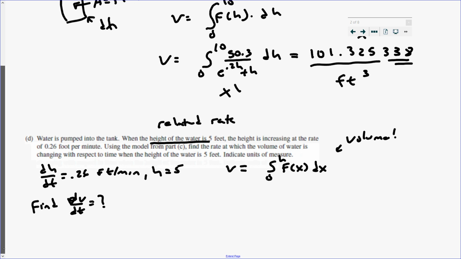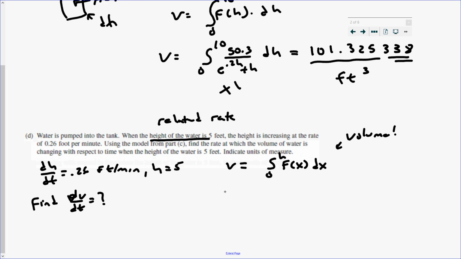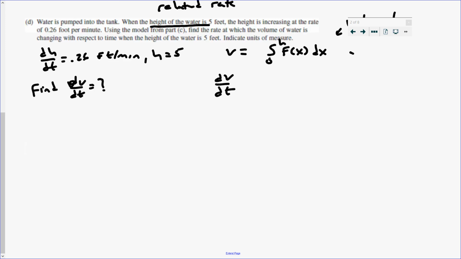So if I want to calculate the rate of change of volume, I need dV dt. Well, this is a tricky part. We're going to use our second FTC right here. So when I take the derivative of an integral, all we're doing is replacing each of these x's with h.